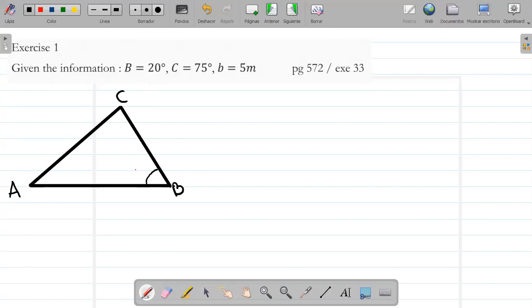The same unit of measurement tells you that the sides are not going to be in degrees, since sides don't measure with degrees. What about C? The angle C says that it is 75 degrees. And it's missing one more piece of information, the side b. I'm going to write here numbers 1, 2, or 3. Which of the 3 is the side b?